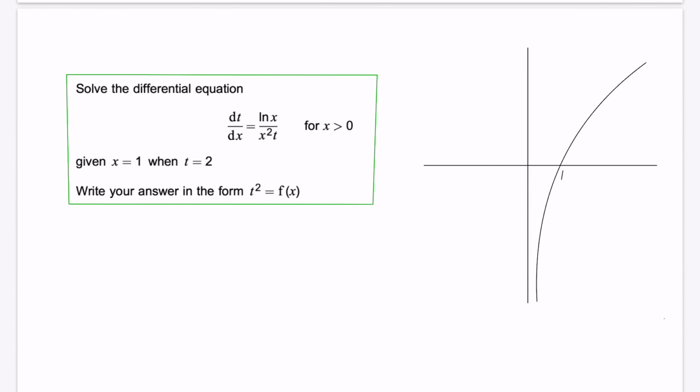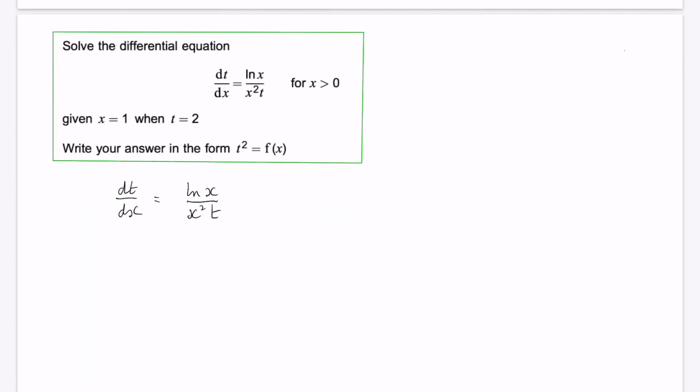The natural logarithm of 1 is 0. The logarithm of 1 to any base is 0. But you'll see that it's only defined for positive x. And that is why we required that condition there.